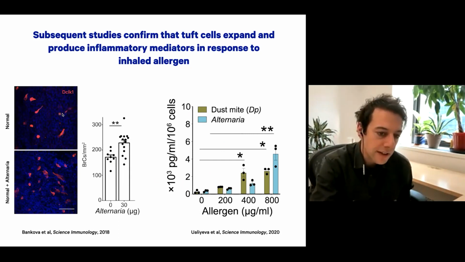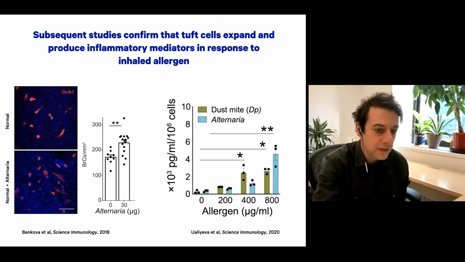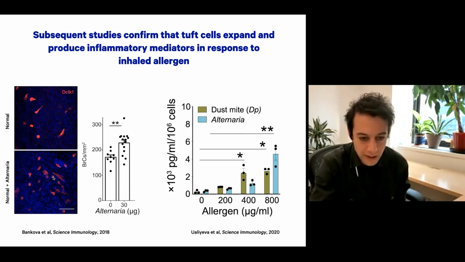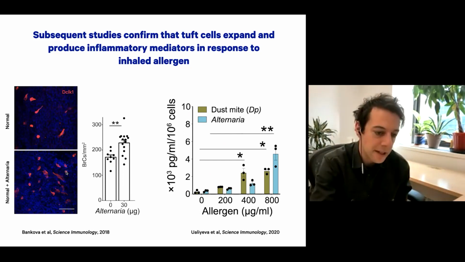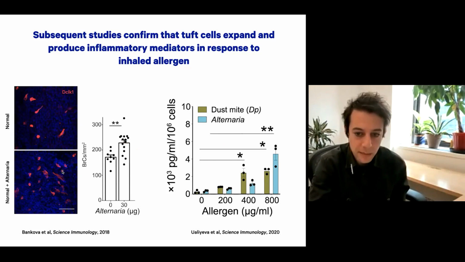So on the left, she's showing that at baseline, there are relatively few DCLK1 positive tuft cells, but after inhalation of Alternaria, which is a mold allergen, we see this hyperplasia of tuft cells, which is relatively analogous to what was observed in the gut, which is a significant increase in the number of tuft cells.